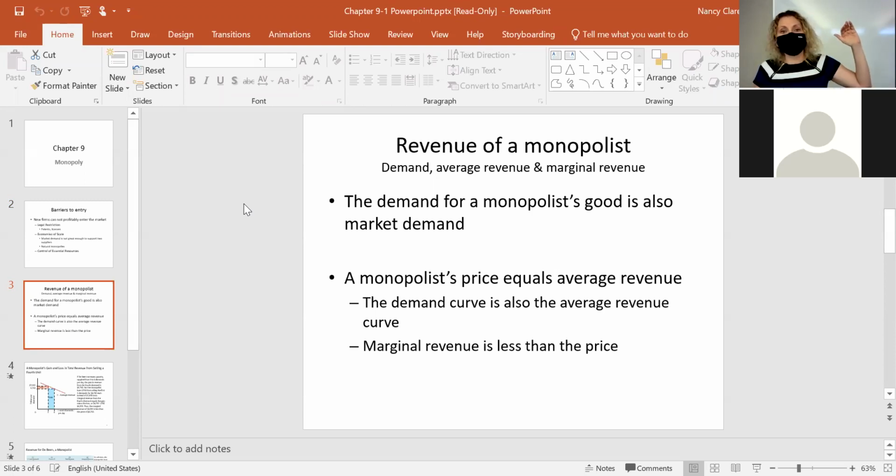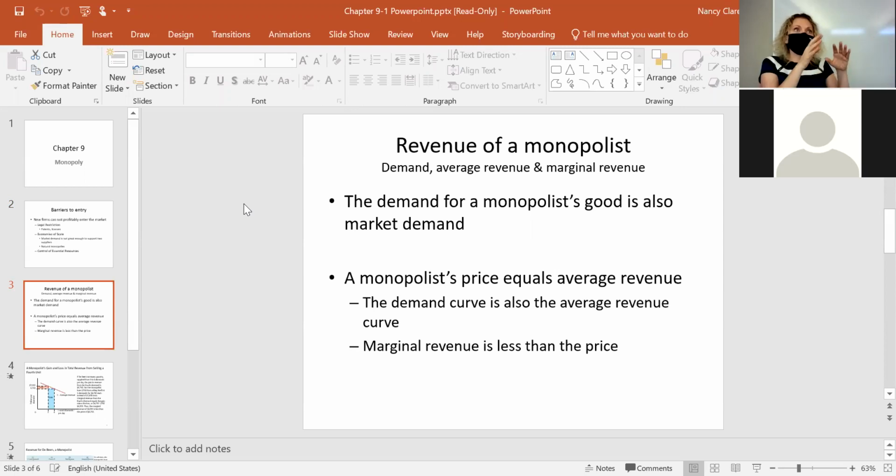And then when you think about the demand curve, that downward sloping demand curve in the market, there is one supplier to meet all of that demand. So if you're a monopolist, you can look at the market supply and demand and take it. It's yours. That supply curve belongs to you. All the data actually came from you as the only supplier in the market, and the demand belongs only to you.